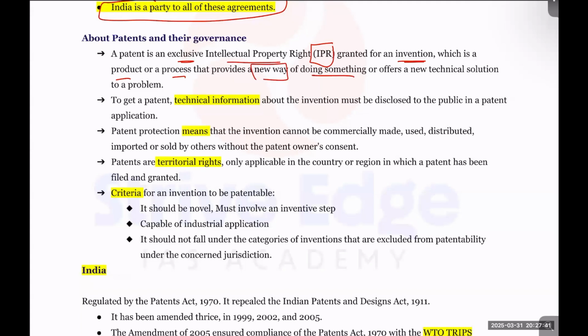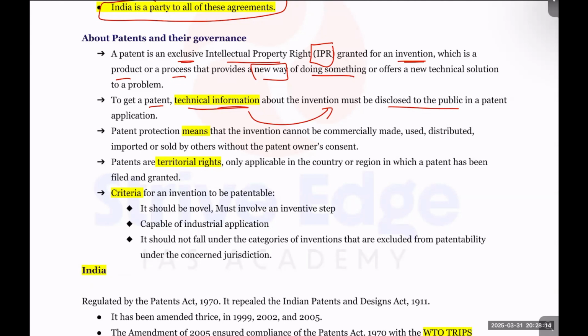If something is being done in a new way and there is something innovative about it, then the person who has given this innovation is given the right that, without your knowledge and permission, this patent or this knowledge cannot be used by any other country, company, or individual. And to get the patent, technical information about the invention has to be disclosed to the public. The public should know how this new thing has been developed by this person.